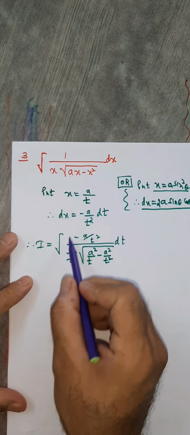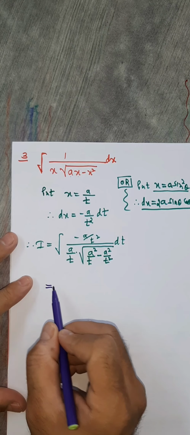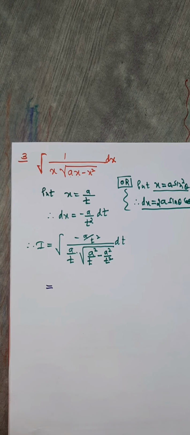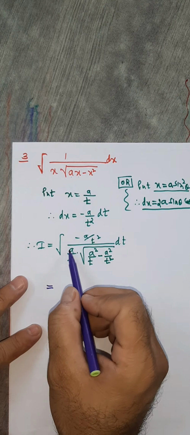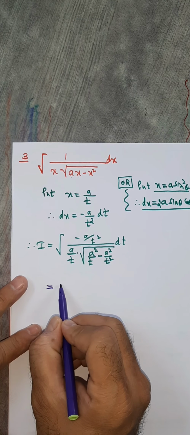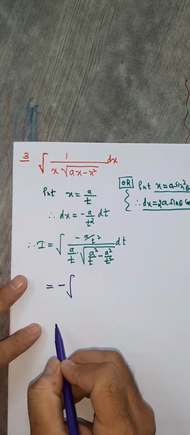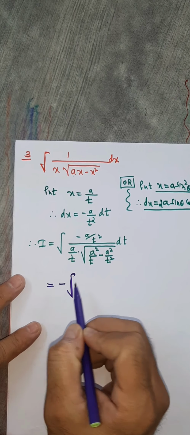Now the question is just a simplification, remember. So how will we simplify this? Here this a will get cancelled, one t will get cancelled. I'll keep the minus sign outside here.